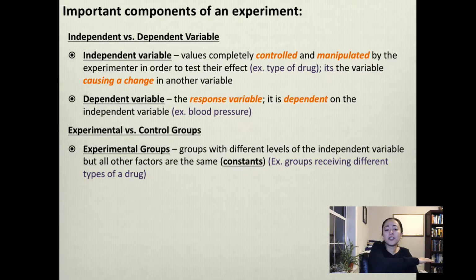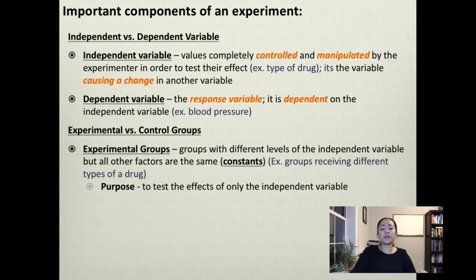But we would want to make sure that everything else is constant between those different groups, such as the age of the individual, the health of the individuals, the diet of those individuals, and so forth. The purpose of the experimental groups is to test the effects of only the independent variables. So that is why you only want the independent variable to be different between those groups and nothing else.